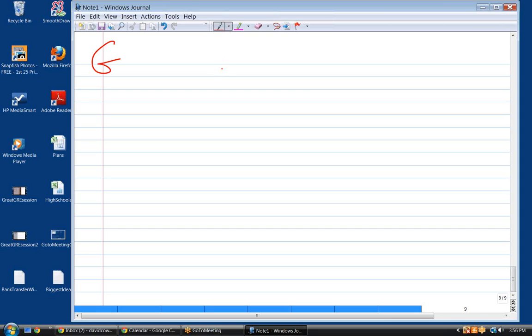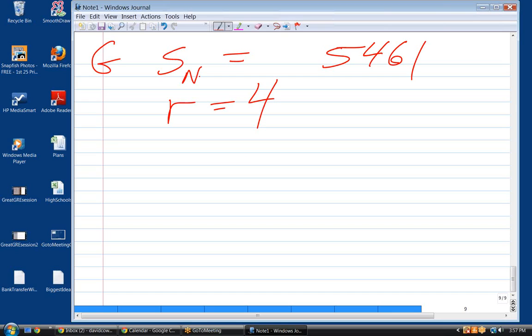So a number in the sequence is equal to 5,461. So S sub n equals 5,461. And then the common ratio is 4. And the S sub n means the sum. In other words, the sum of the first n terms.